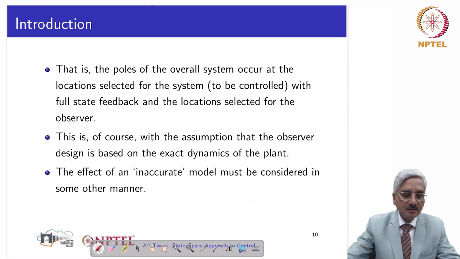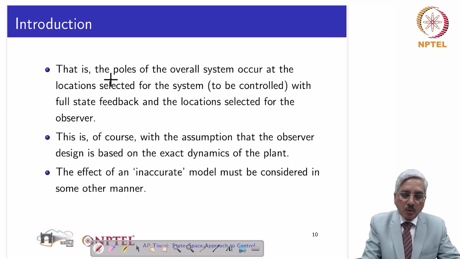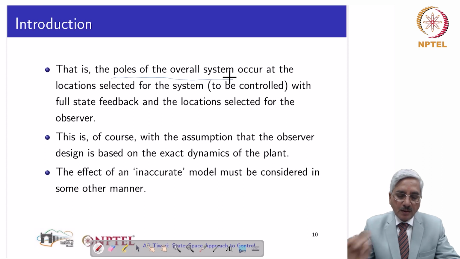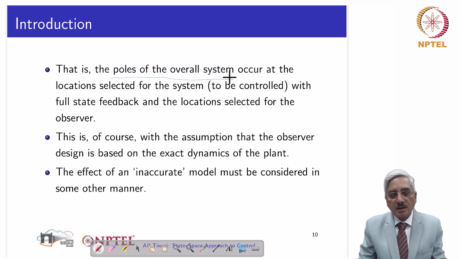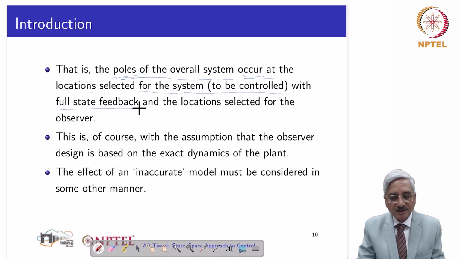We proceed ahead. So the meaning of that statement is that the poles of the overall system, I mean the system comprising the actual system in which the feedback is implemented using the states of the observer, occur at the locations selected for the system to be controlled with full state feedback, and the locations which were selected for the observer.